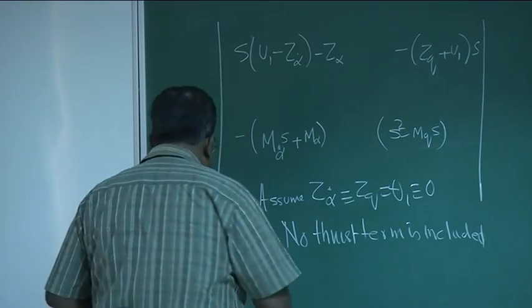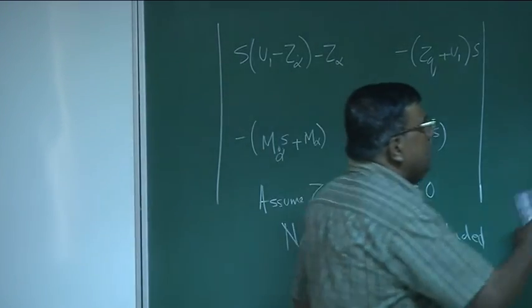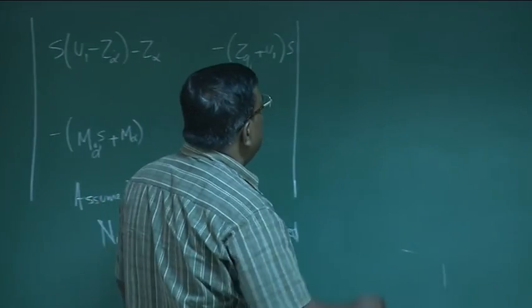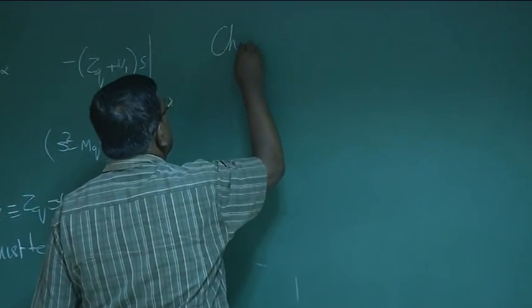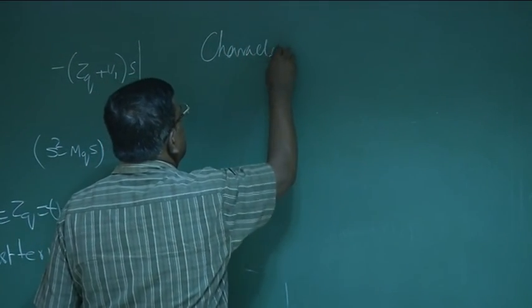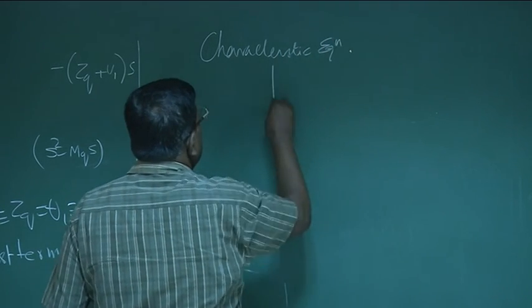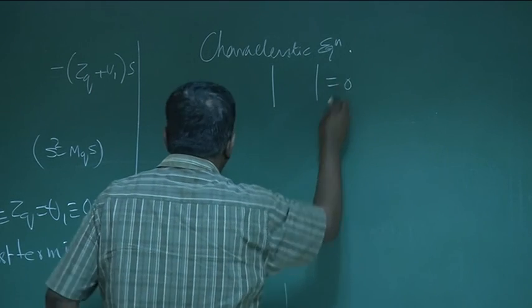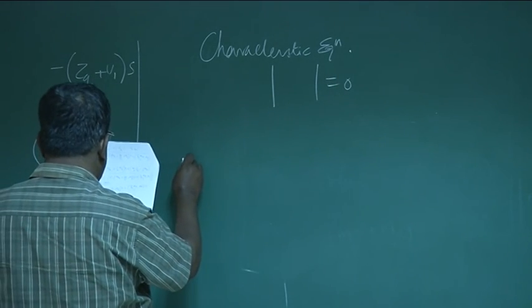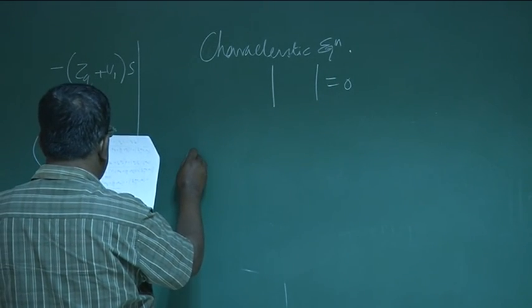So when I write the determinant equal to 0, I get an equation. Now we are looking for the characteristic equation, and that will be the determinant of this equal to 0, and that will give me a result something like this.